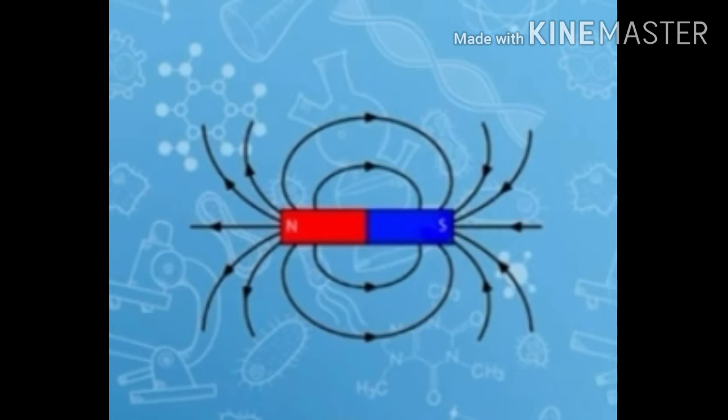It has two sides, north pole and south pole, and this north pole is called north polarity and the south pole is called south polarity. Just look here, we get the imaginary lines, and always these imaginary lines form from the north pole, start from the north pole and end at the south pole.